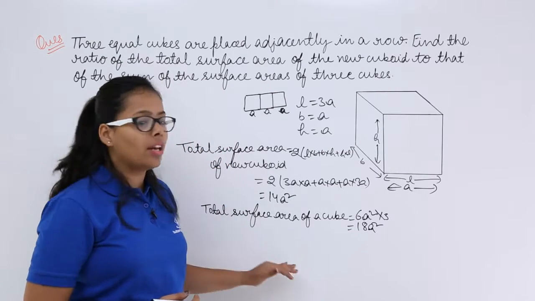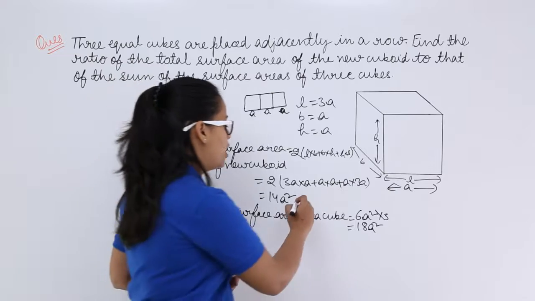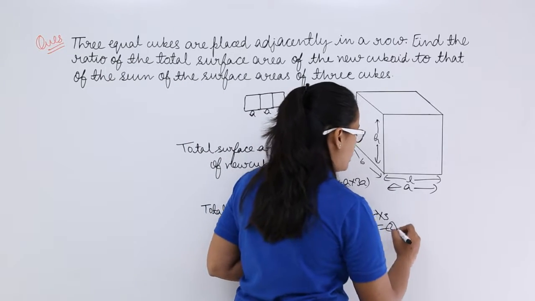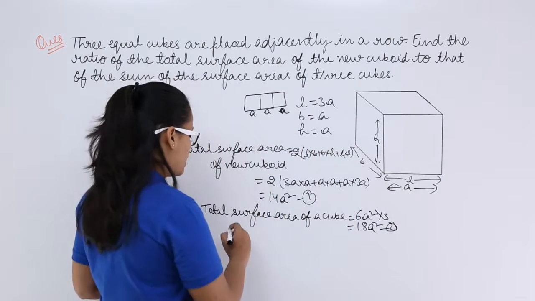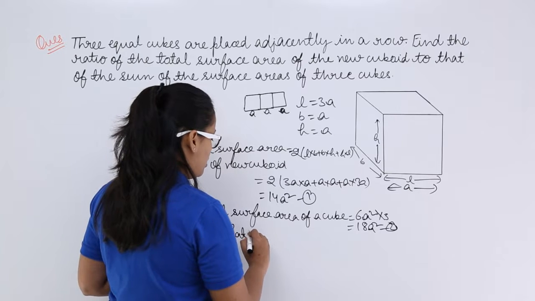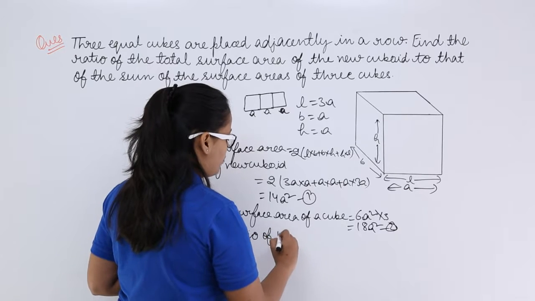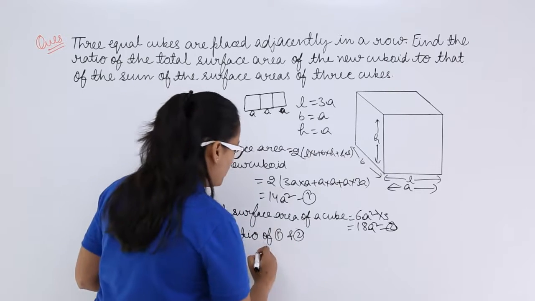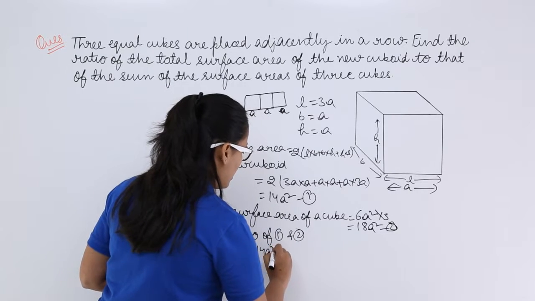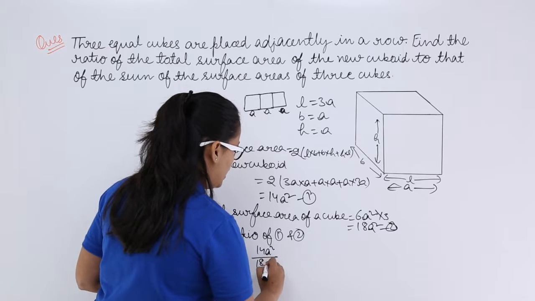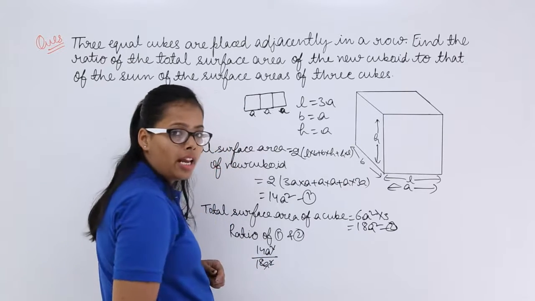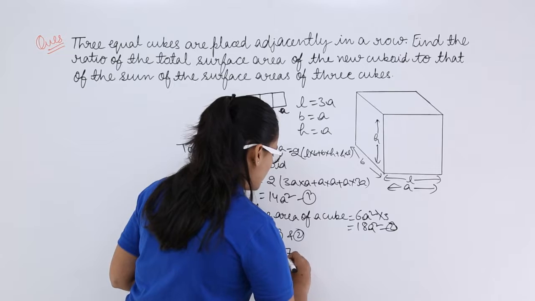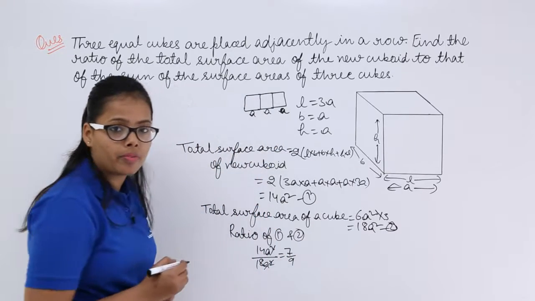Now you need to take the ratio of these two, expression 1 and expression 2. Let's write down the ratio of 1 and 2. What will be the ratio? It will be 14a square divided by 18a square. A square and a square will get cancelled out and you will be getting 7 by 9.